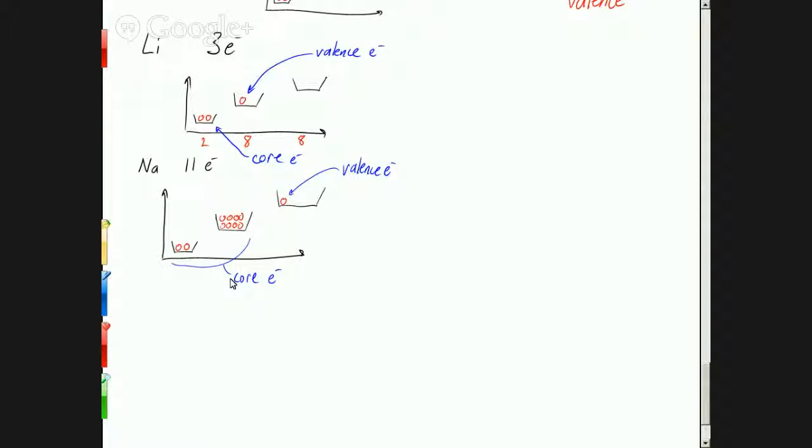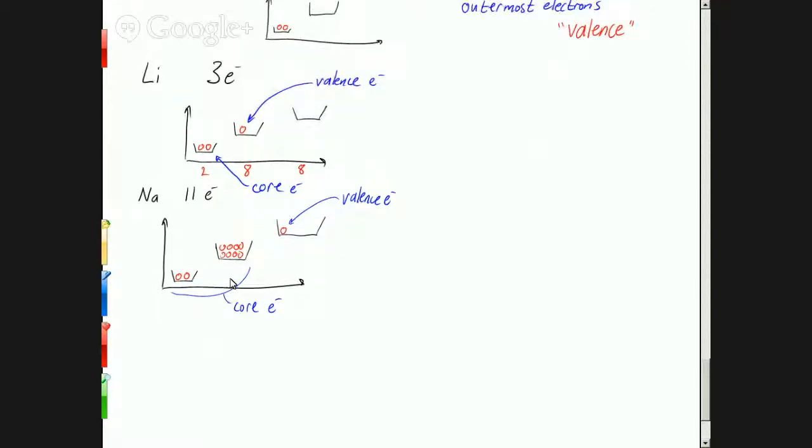But the A's work, and we'll try sulfur, S, number 16, and let's make our graph with our buckets for sulfur. So we've got our 2, our 8, and our 8. And sulfur has how many electrons? 16.